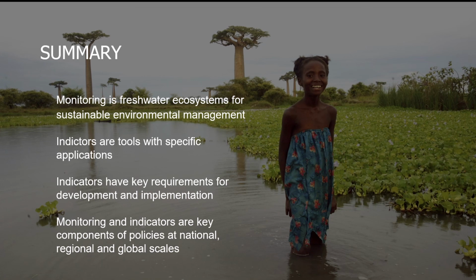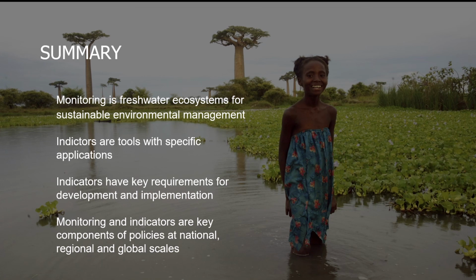Secondly, we have learned that indicators are monitoring tools and they have specific applications. Thus, clear objectives need to be set in order to decide what and how to monitor. Thirdly, indicators themselves have specific requirements from the development stage to the implementation stage.